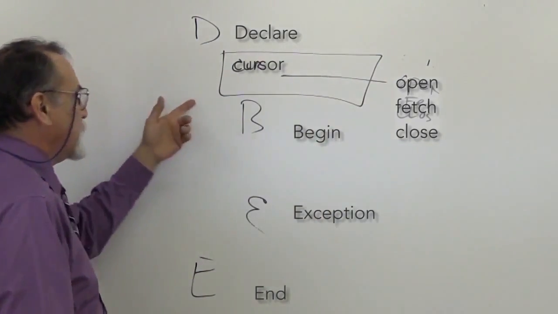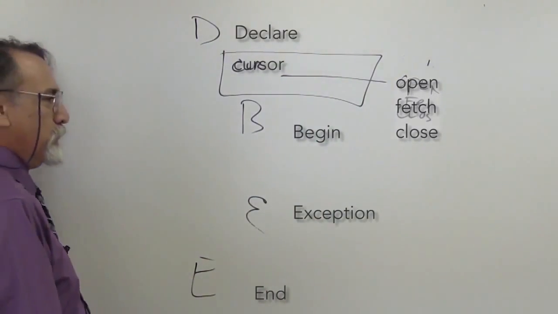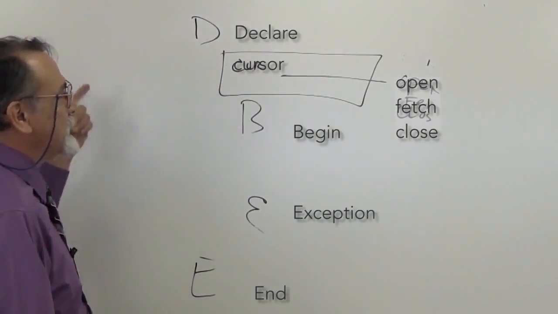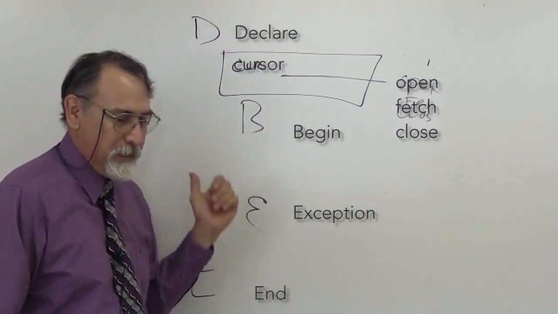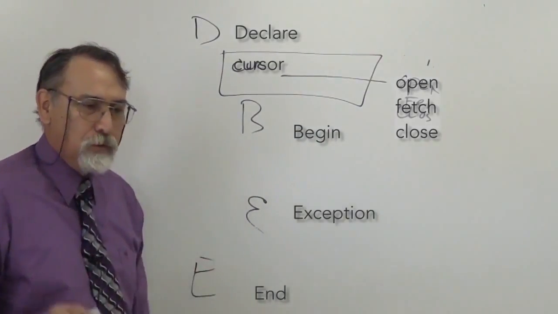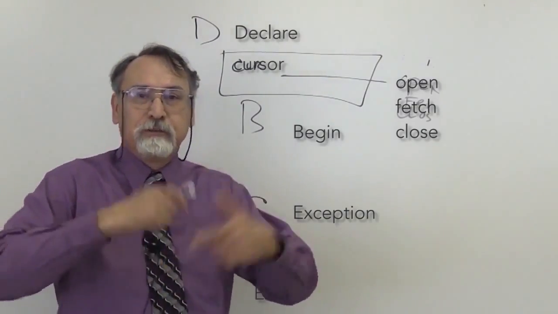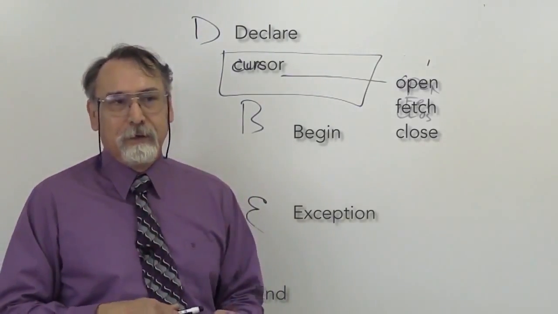So the cursor, once again, is that tool that will open an item, fetch an item, and close an item. Now within that fetching mechanism, you have to develop a looping process, because remember, it's going to be a recursive event.